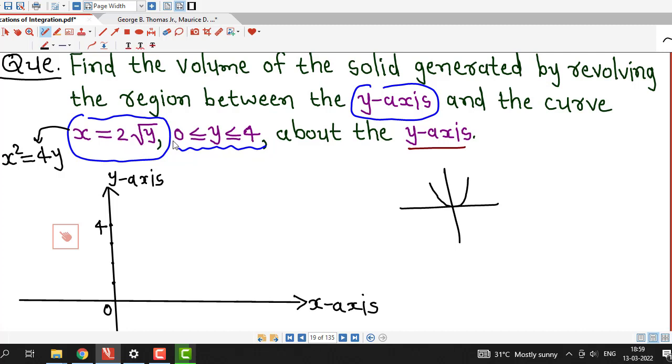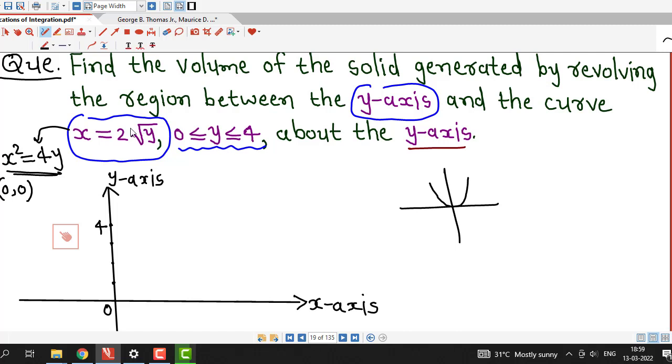If I consider y equal to 0 here, then I will obtain x equal to 0. So one point of intersection is (0, 0).